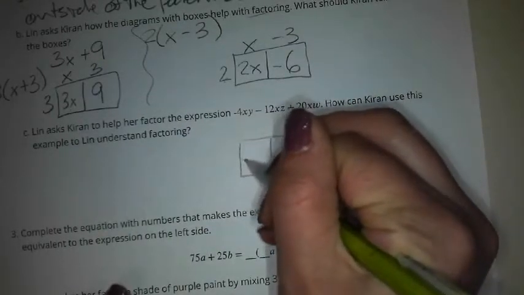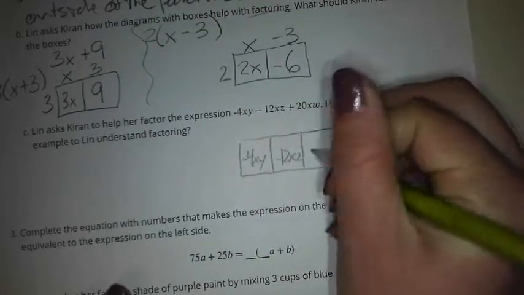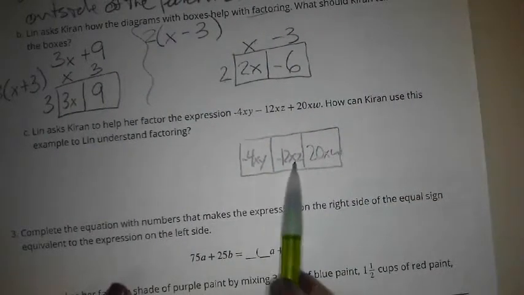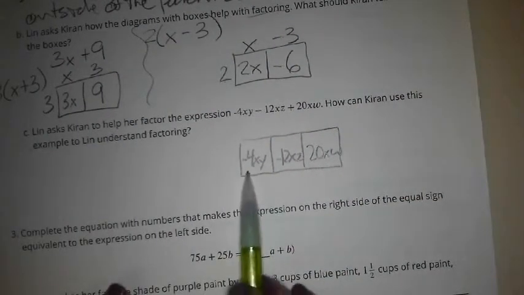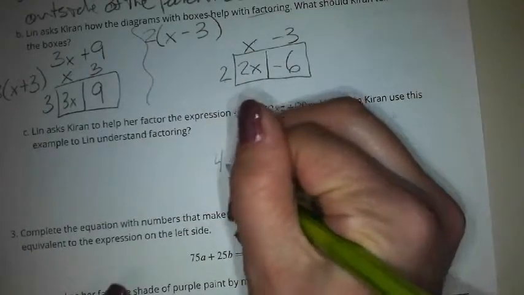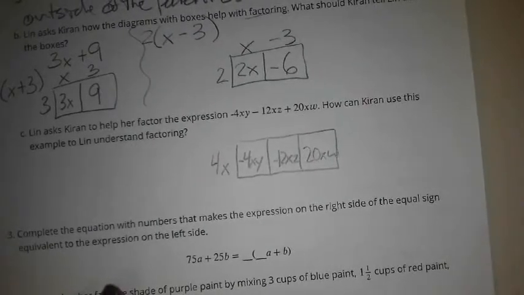So this is negative 4xy, negative 12xz, and a positive 20xw. We could say that all these have x in common, but they are also multiples of 4. So we could say 4x could be what everything is multiplied by.